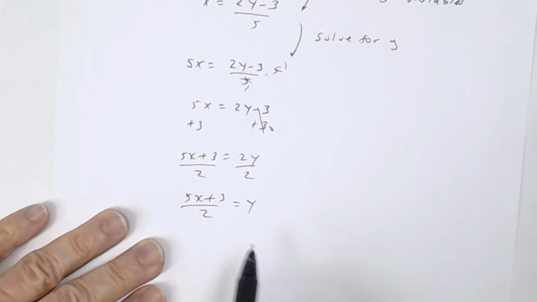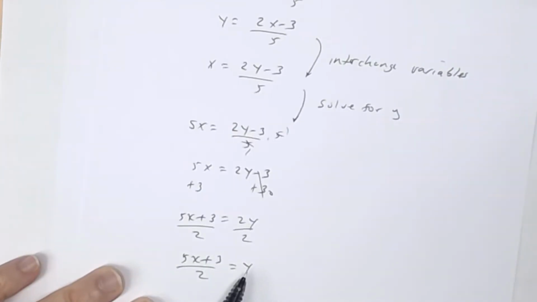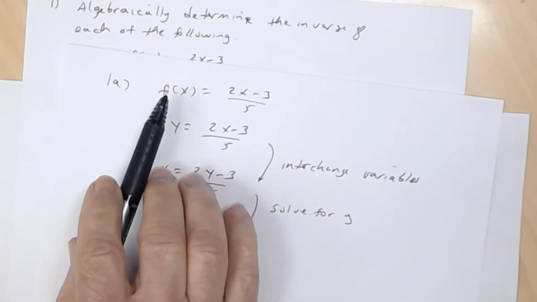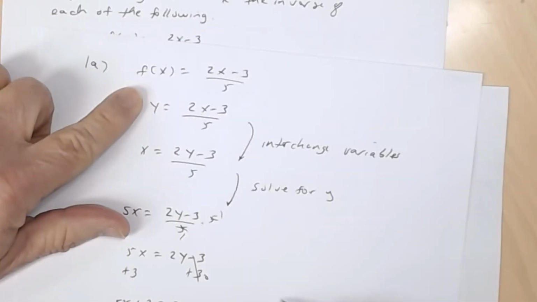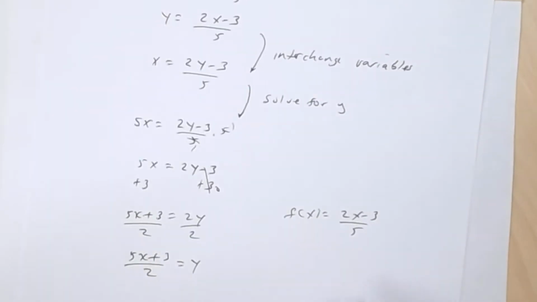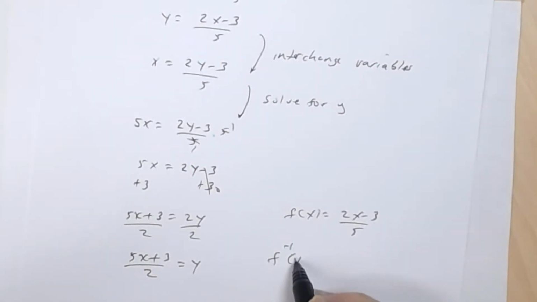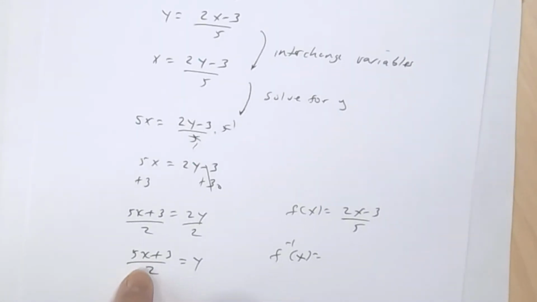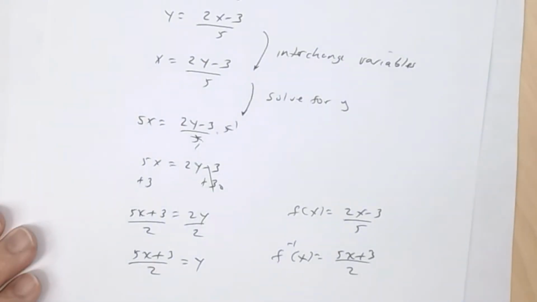And then finally, you're going to replace y with what you're trying to find. So if this is your function, f of x, then its inverse is this. So that'll be (5x plus 3) divided by 2. All right, so that's 1a.